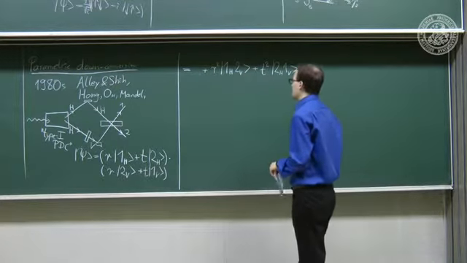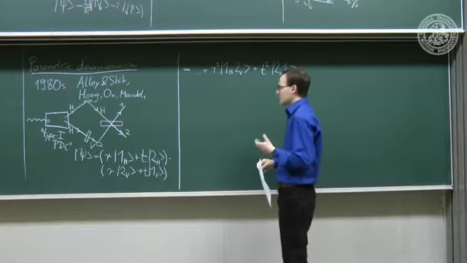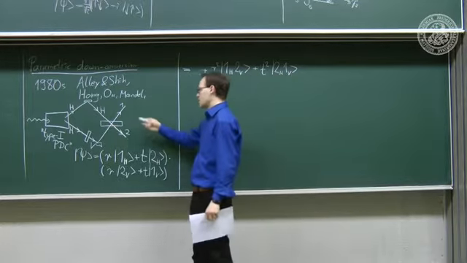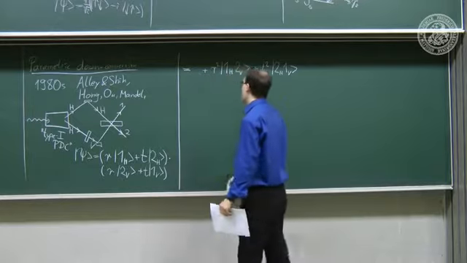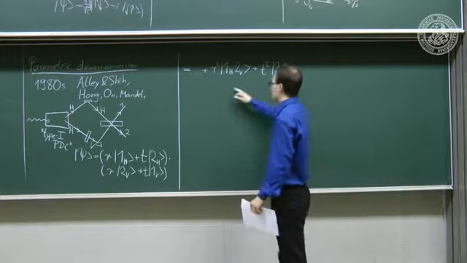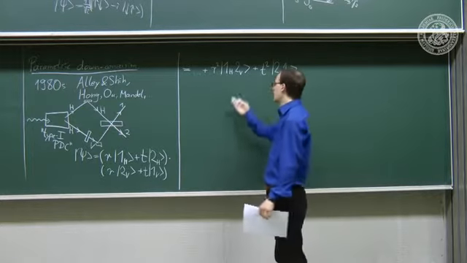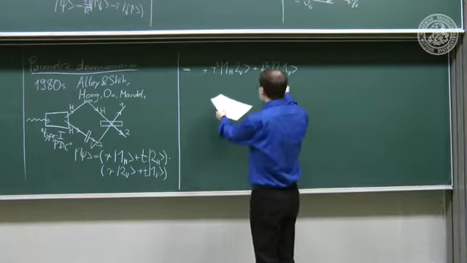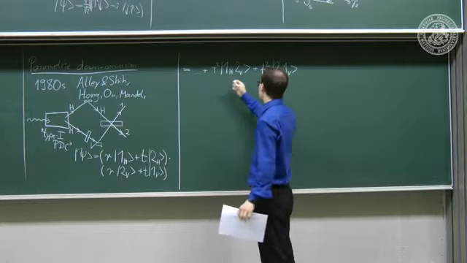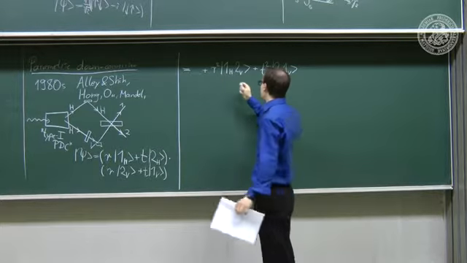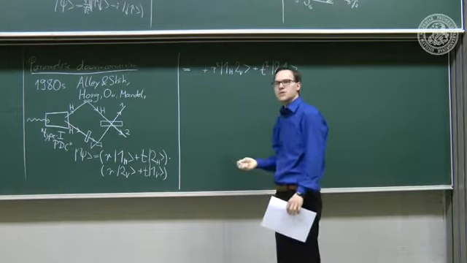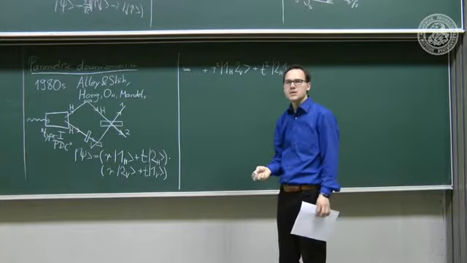And so if you just select those events where both detectors click in 1 and 2, then you select only this part of the wave function. And because of that, if you just focus on this part of the wave function, and if you assume, say, it's a 50-50 beam splitter, so that the magnitude of r squared is equal to the magnitude of t squared, it's really an entangled state.